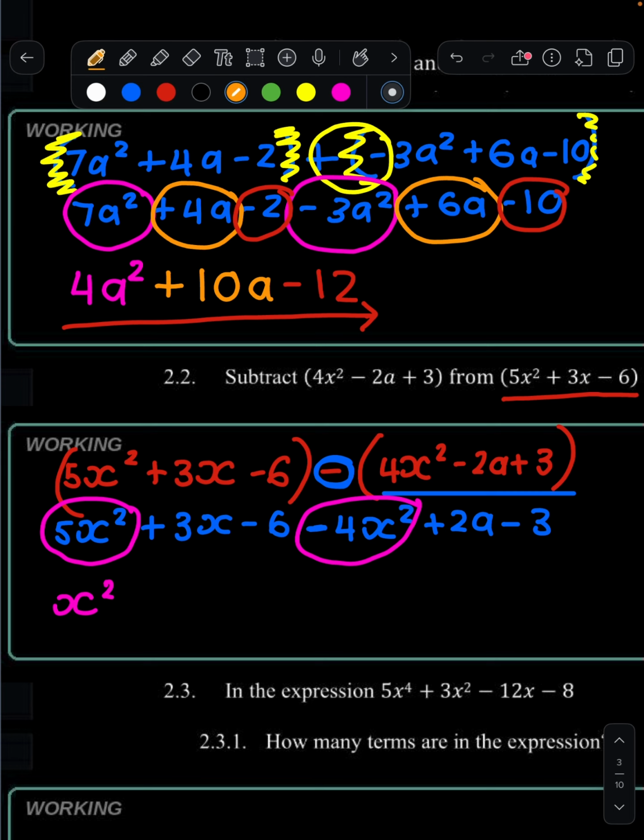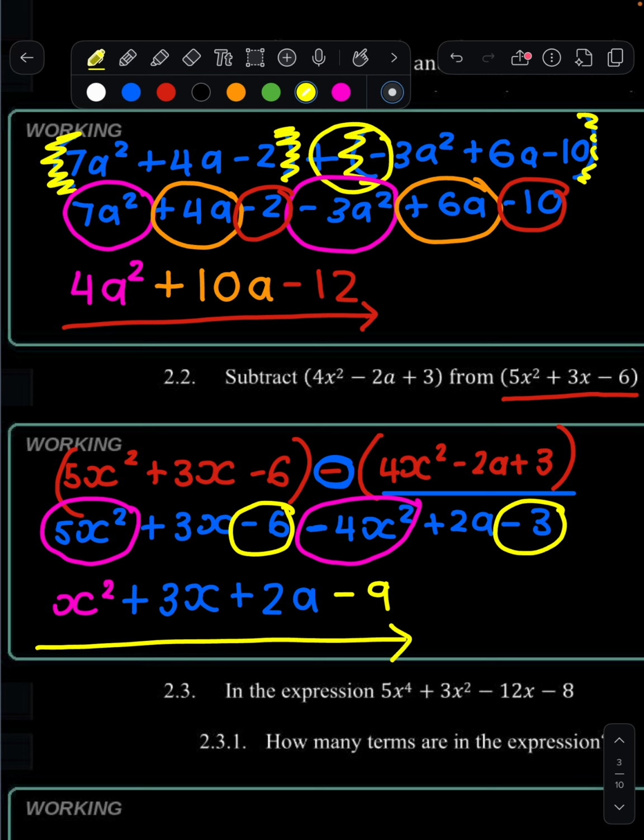Which means we're going to have plus 3x plus 2a. And then we can do our numbers. So we're going to have minus 6 minus 3, which is minus 9. And that is as far as we can go with this one, because these are all different terms, so we can't add any of the x's or any of the a's.